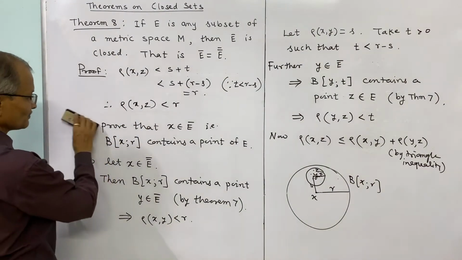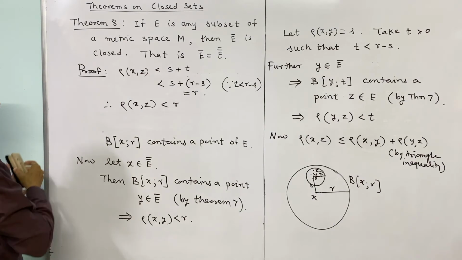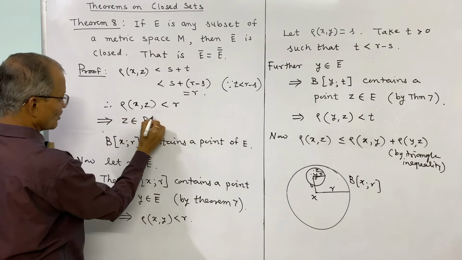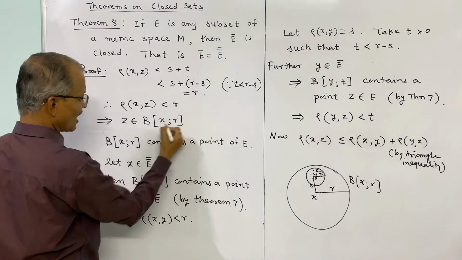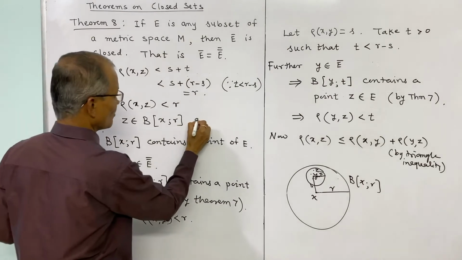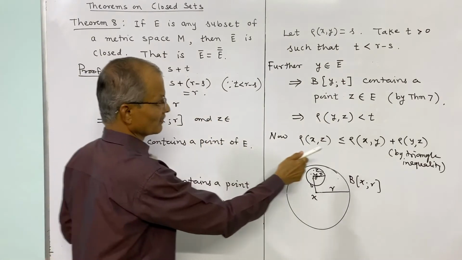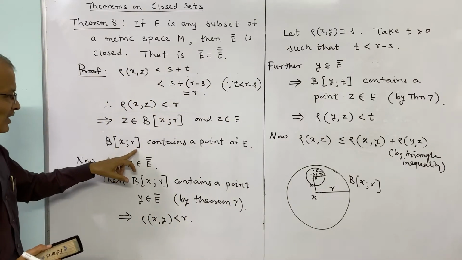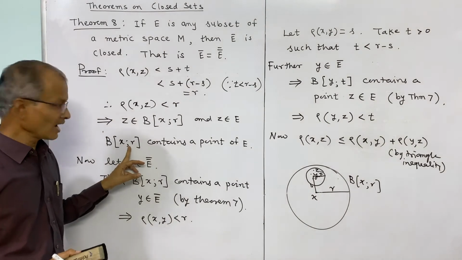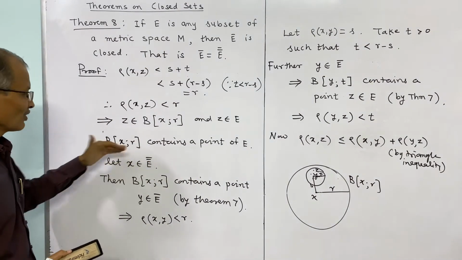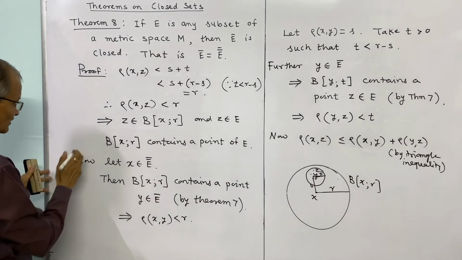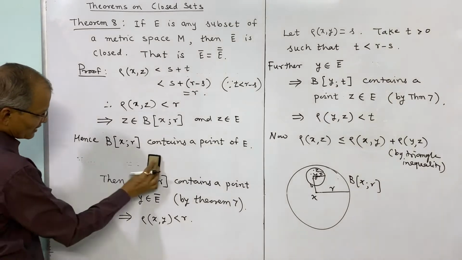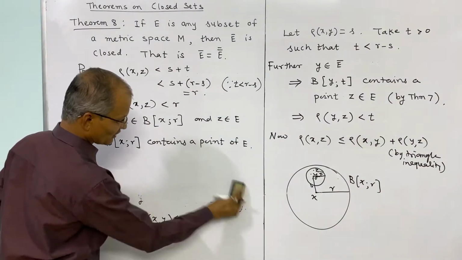So this implies Z belongs to the open ball of radius R about X, and Z is a point in E. What this shows is that the open ball B(X, R) contains a point of E, and this is what we wanted to show. Hence the open ball of radius R about X contains a point of E, and this completes the proof.